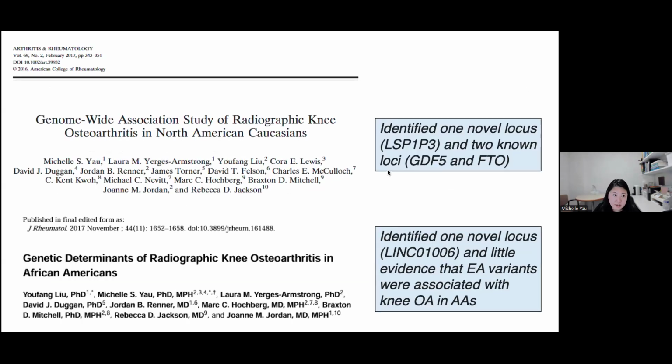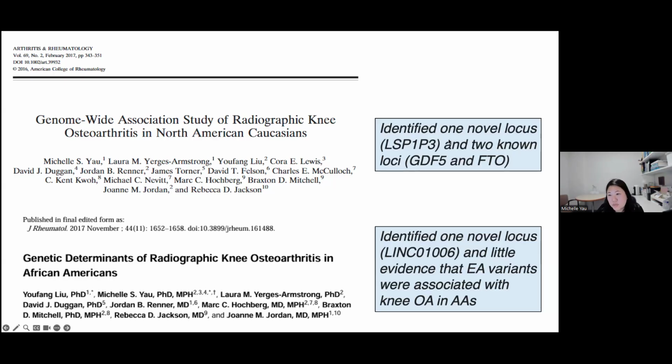We then did a genome-wide association study with structural knee osteoarthritis, including a number of other cohorts, including the Johnston County Osteoarthritis Initiative, the MOST multi-center osteoarthritis study, and the GO cohort, the genetics of generalized OA cohort.